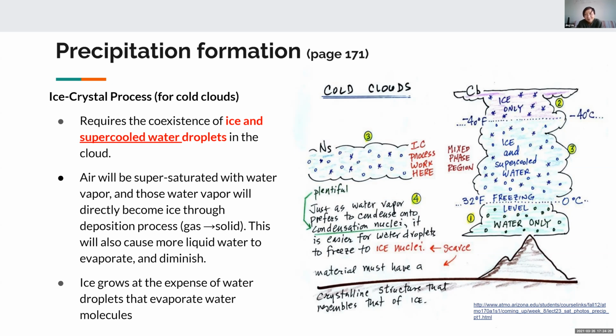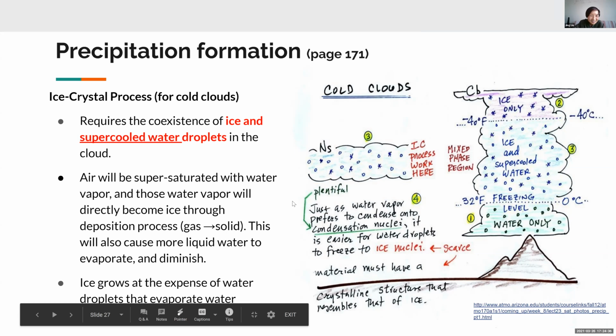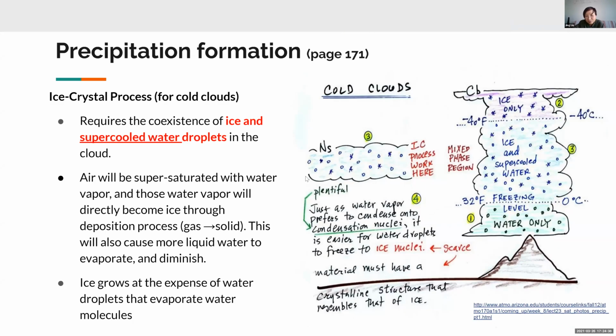Hail and snow. So that is your cold cloud, a little bit different. Those ice balls can also behave like condensation nuclei, right? So your water can grab on and condense out. So that is your ice crystal process. Read your textbook to learn the details. That is the next chapter, chapter number 6.